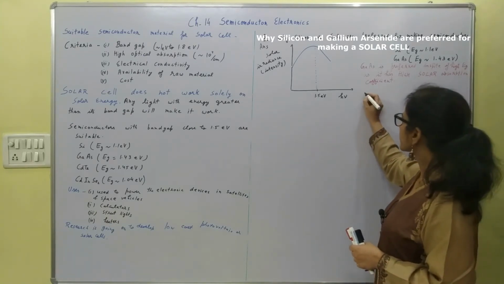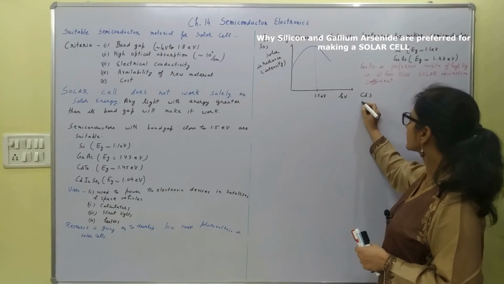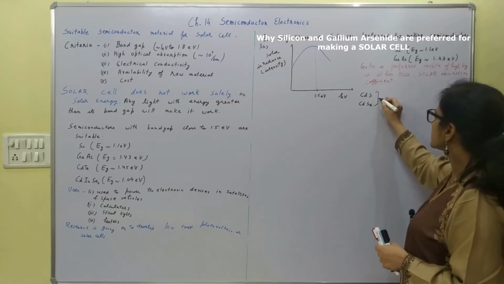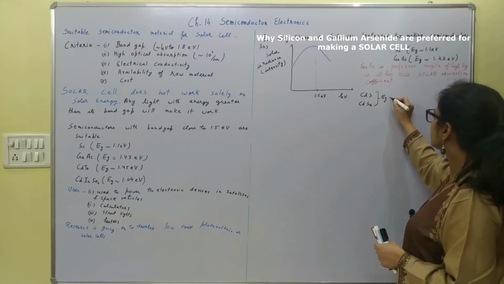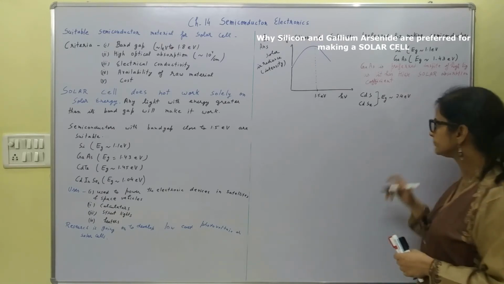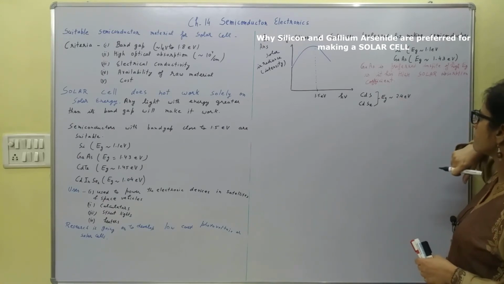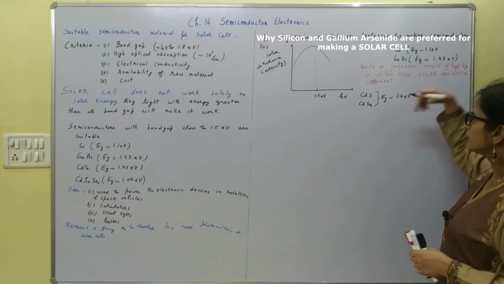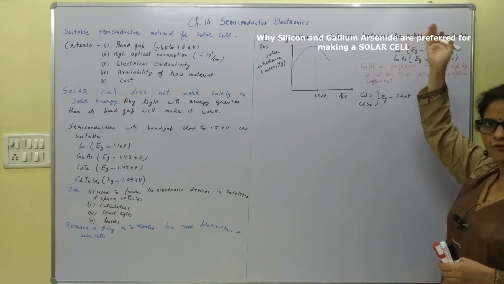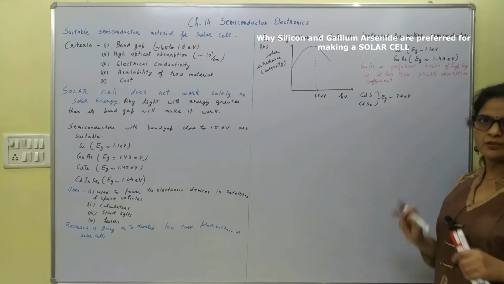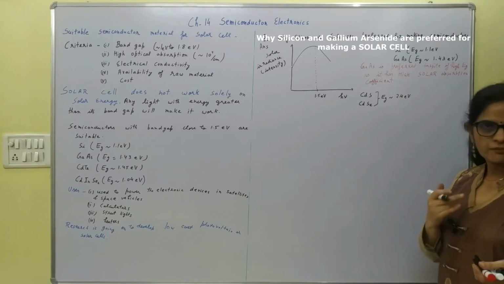We can't use cadmium sulfide or cadmium selenide because these nearly have energy gap of 2.4 electron volt. So if we use this, what will happen, that only the energies of sun which are greater than this value will be utilized and the other energies will be wasted.